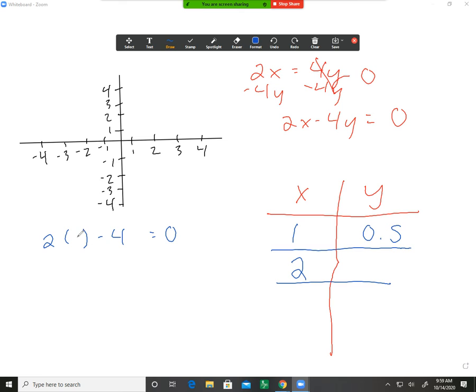So if I put in 2 for x, 2 times 2 is 4, so now I have 4 minus 4y equals 0. I need to get rid of this positive 4, so subtract 4 from both sides.